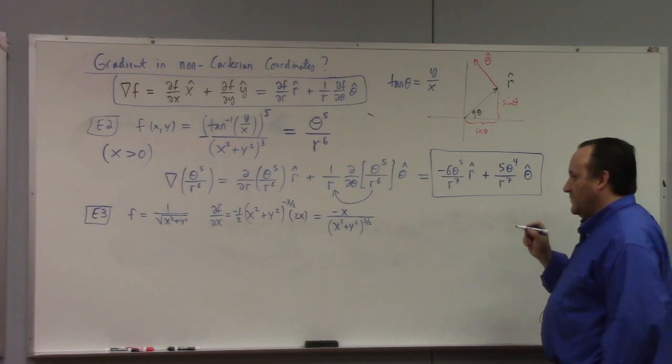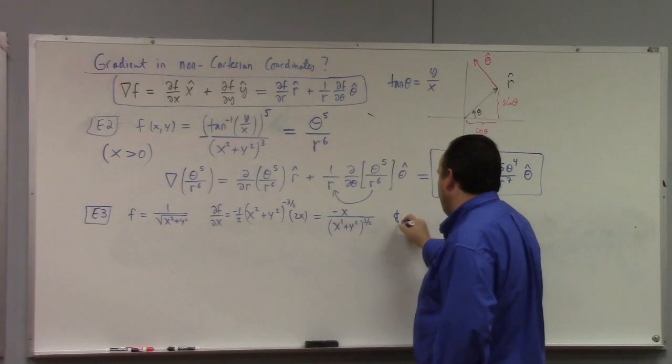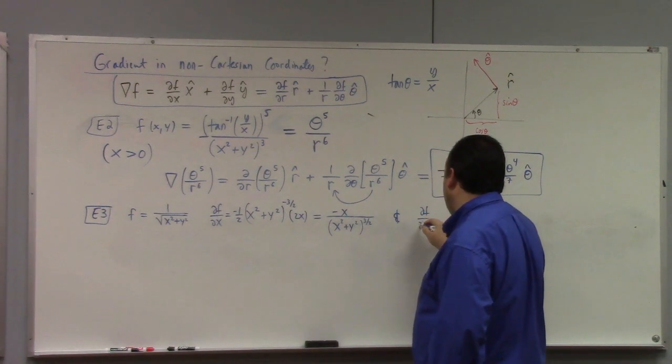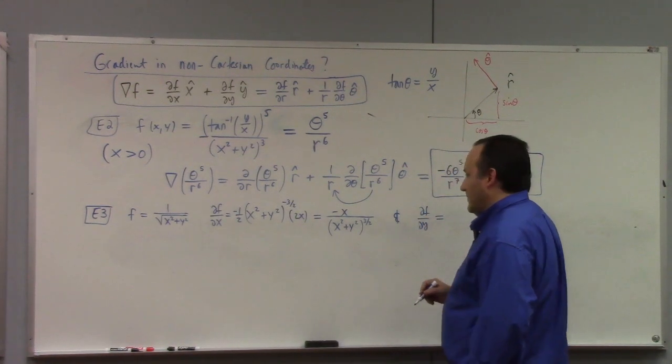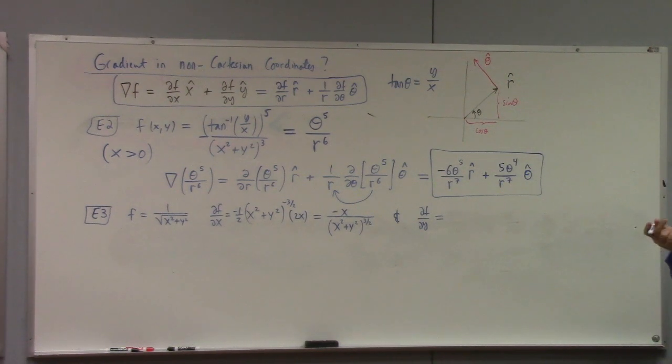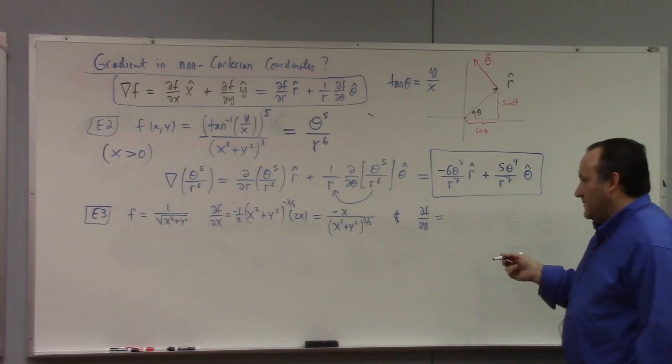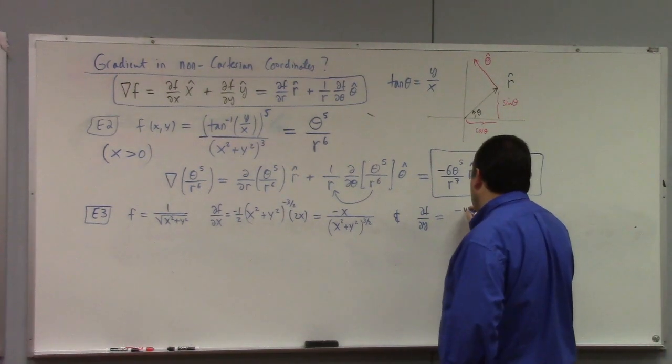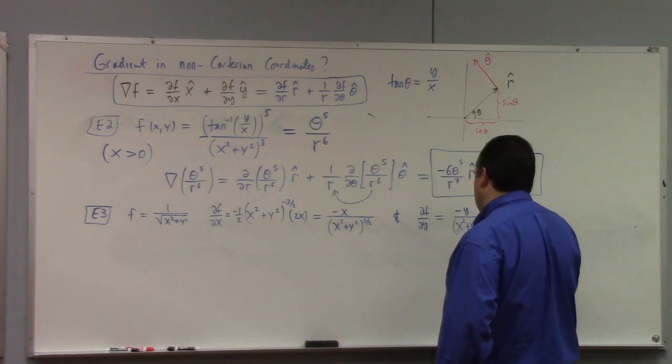What's partial f partial y? By symmetry, the same differentiation, x and y appear symmetrically. So we would get minus y over x squared plus y squared to the 3/2.